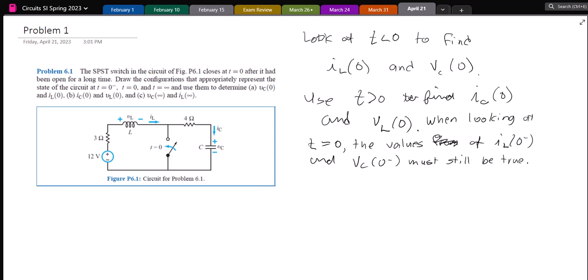Okay. So first we'll look at t equals 0 minus or t less than 0. So that's the way it's drawn here.